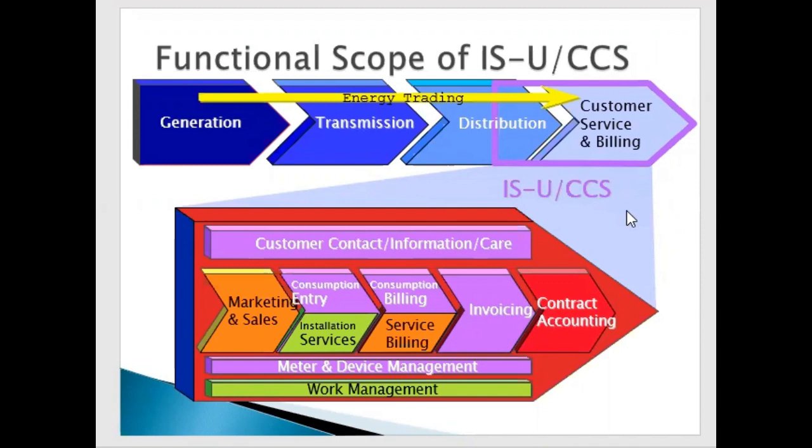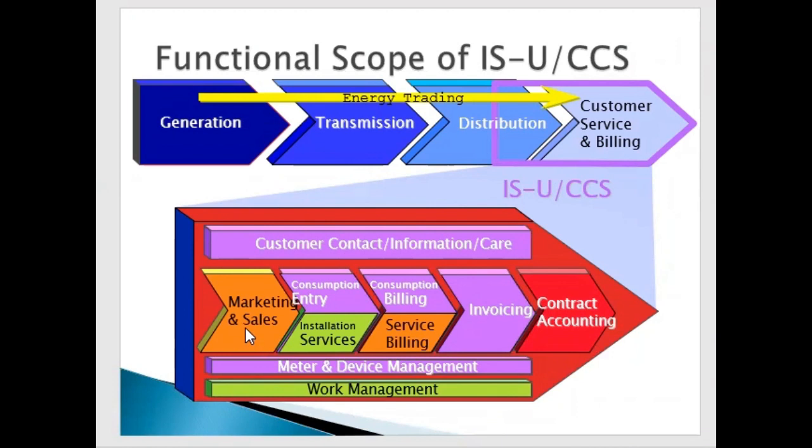Now SAP ISU stands for SAP Industry Specific Solution for Utilities, whereas CCS stands for Customer Care Services, right? This Customer Care Service is a solution, so it holds other modules as well, like marketing and sales.